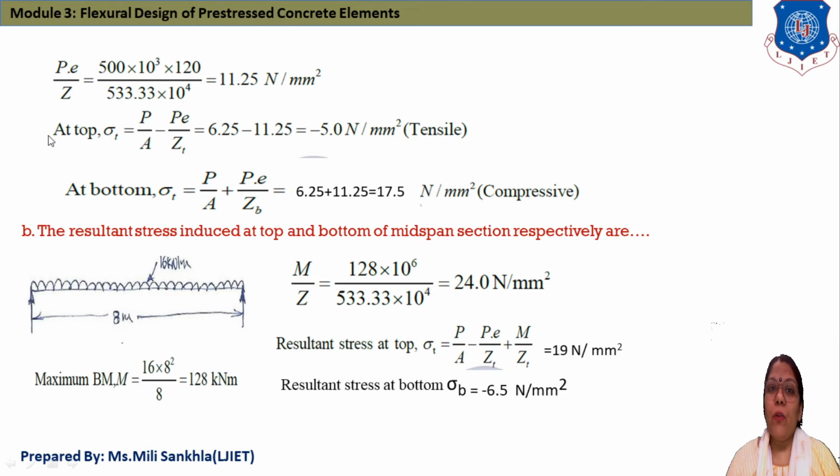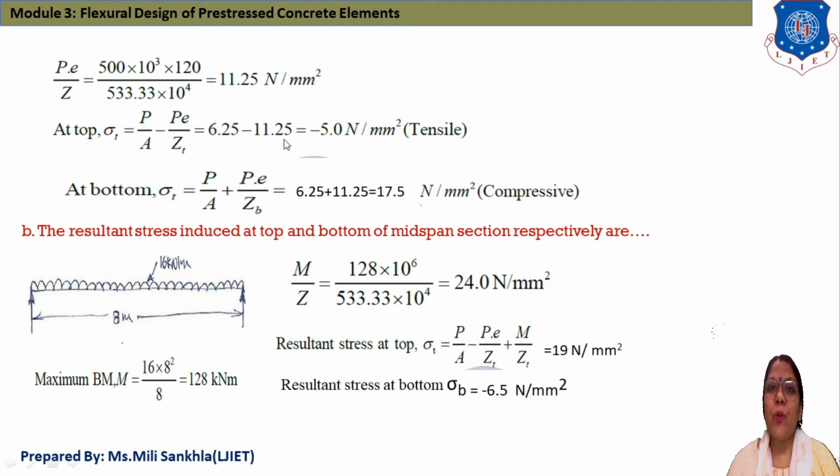Now we find the top fiber resultant stresses and the bottom fiber resultant stresses. At top, first the direct stress, and the top is subjected to tensile stress, because we discussed that for a prestressed member with upward deflection, the top is tensile and the bottom is compressive, and tensile forces we take as negative.